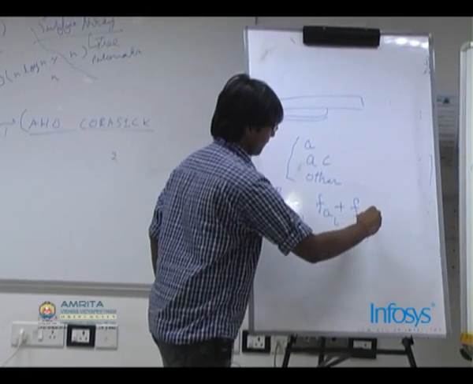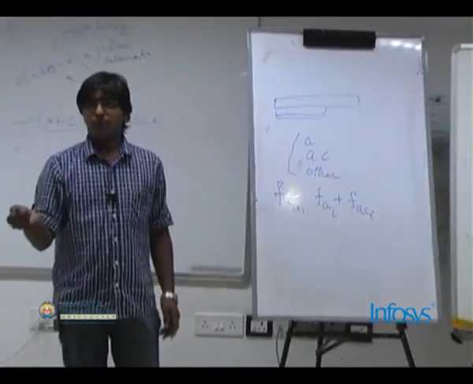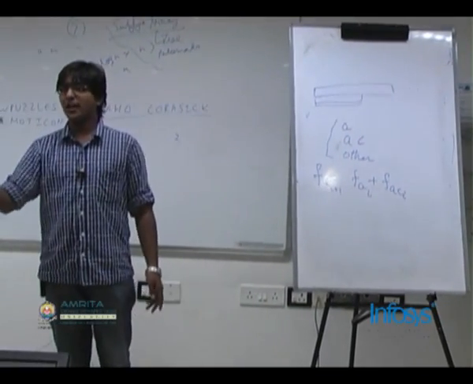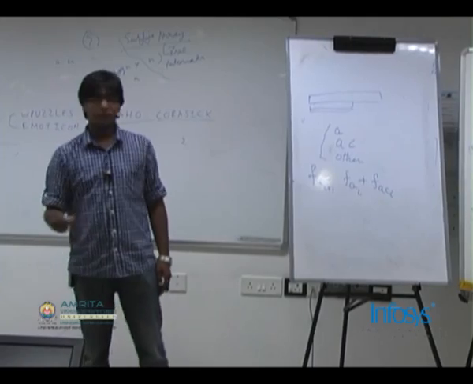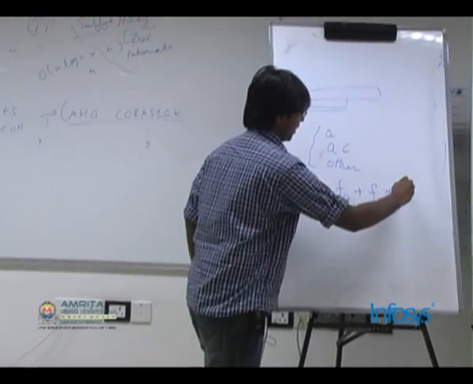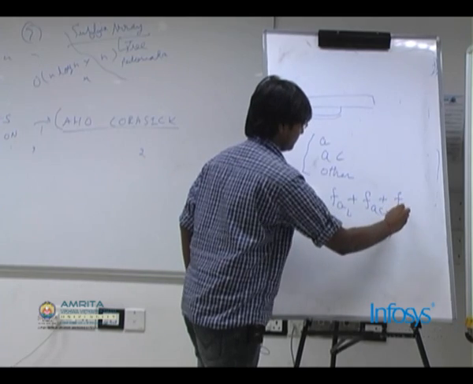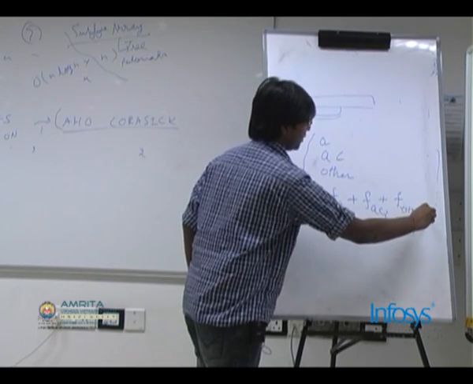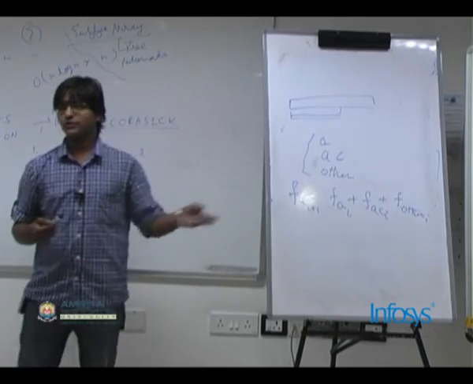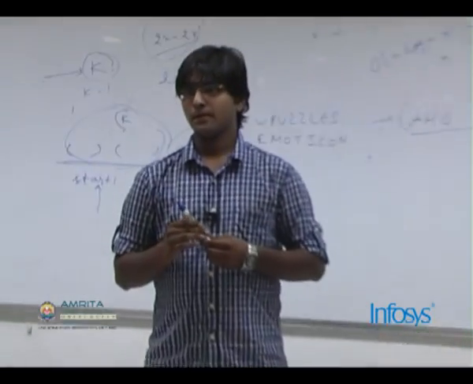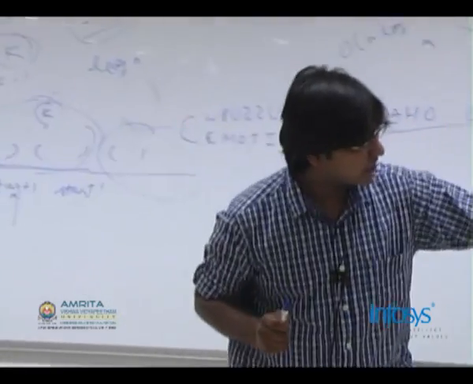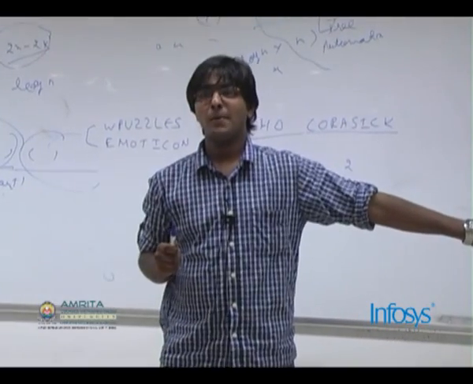Or f of AC at i, and I choose A, it would be like ending with ACA, which is equivalent to ending with A. And even if it's ending with some other character, then also if I choose A, it's fine. Is the recurrence for f of A at i plus 1 clear?